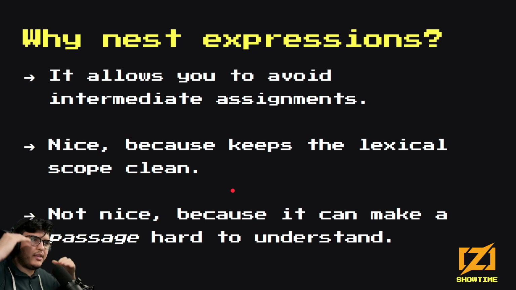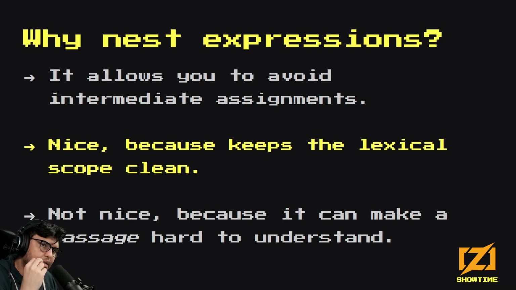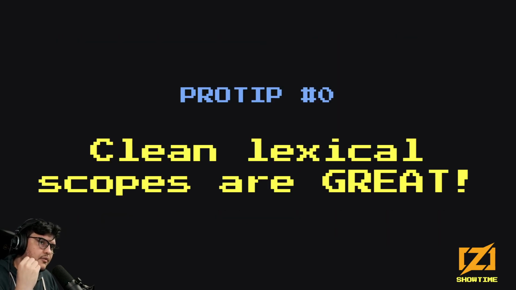And at one point the equation flips around and it's not worth doing whatever you were doing anymore. The important part here, I think, is this yellow part, which is really, really valuable. Wanting to keep the lexical scope clean helps a lot with clarity. And this brings me to pro tip number 0.